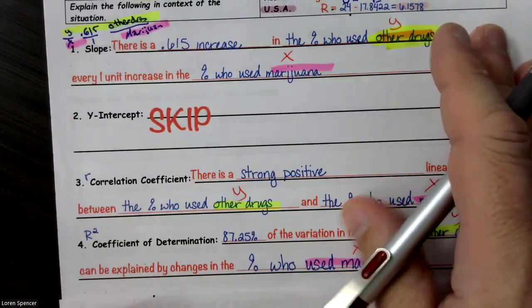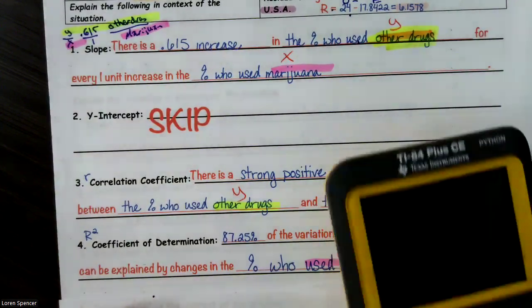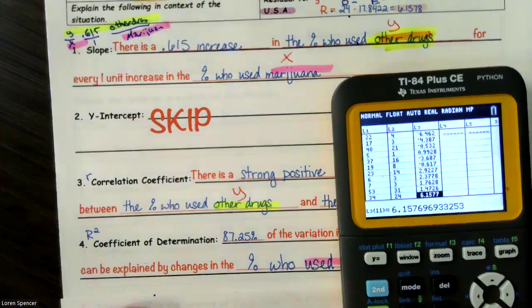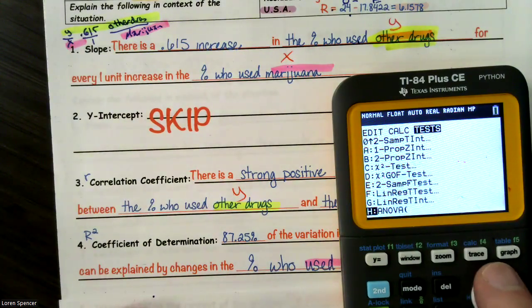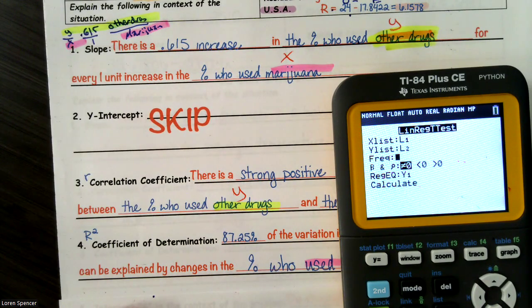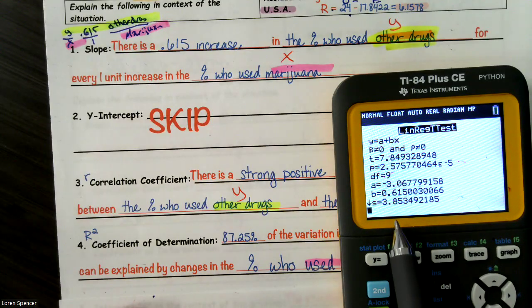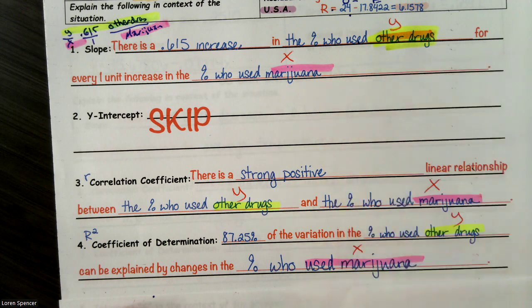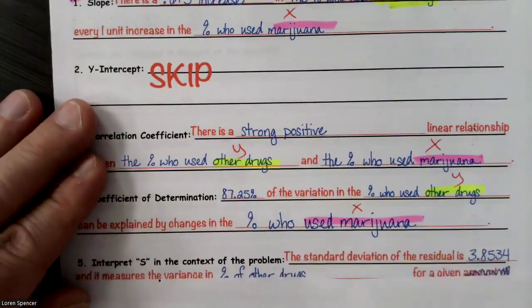The last thing, our standard deviation of the residuals. And we didn't even ask for that. So let's run this test again. Stat, and run the test. Alpha trace. And we get 3.85. That's our standard deviation of the residuals.